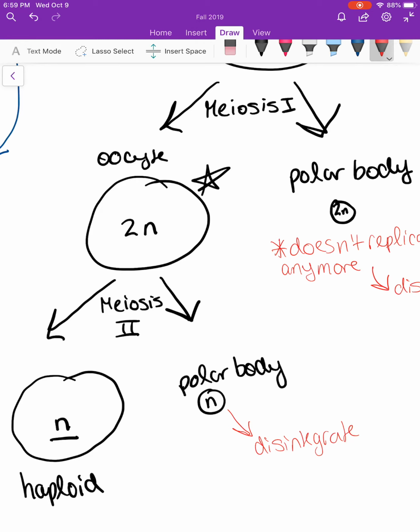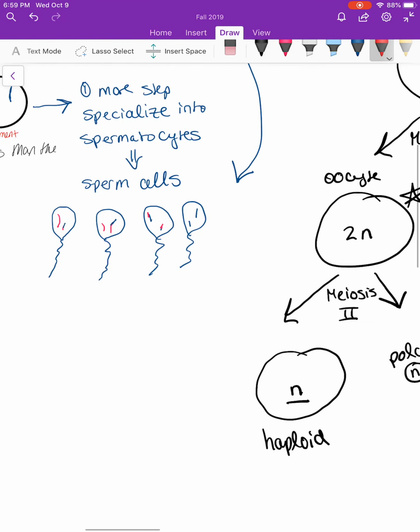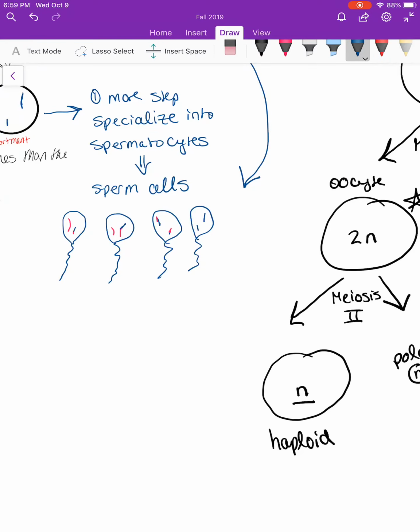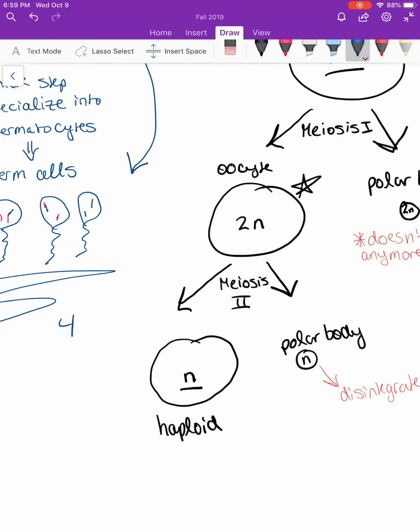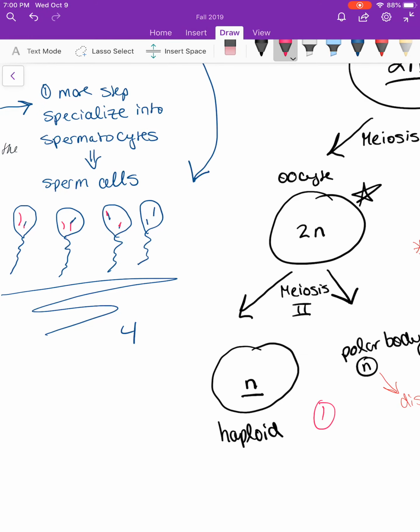Okay? Can anyone think of a function this would serve? The fact that we have 4 sperm cells here, 4 of them, right? But at the end, we only get 1 egg cell. Let's also think about it in comparison, okay?